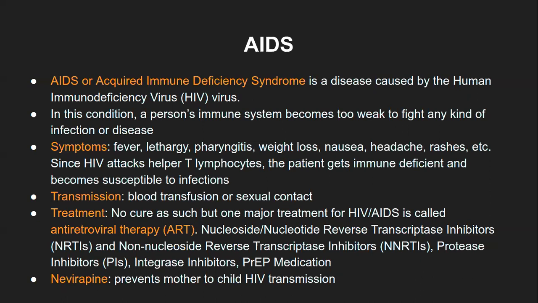So those analogs are called NRTIs, and the ones which do not resemble that structure are non-nucleoside reverse transcriptase inhibitors, NNRTIs for short. Both do the same function: they prevent the reverse transcription of the RNA to DNA, and that way they stop the infection.